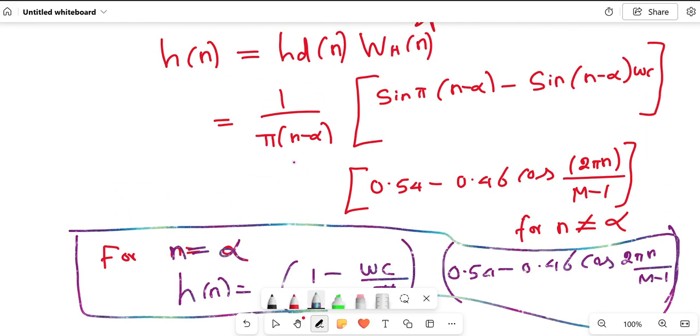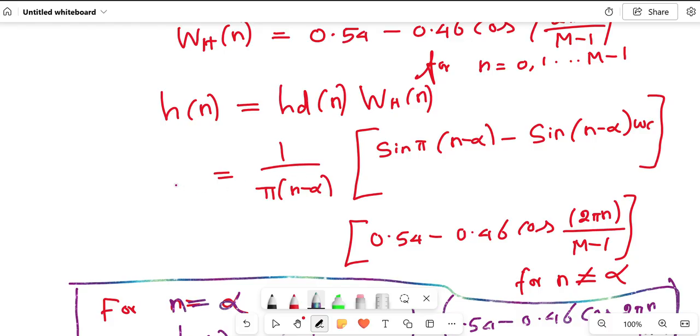The previous one is for n not equal to alpha.